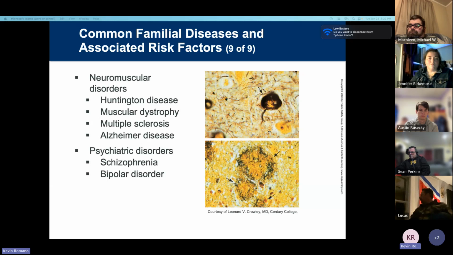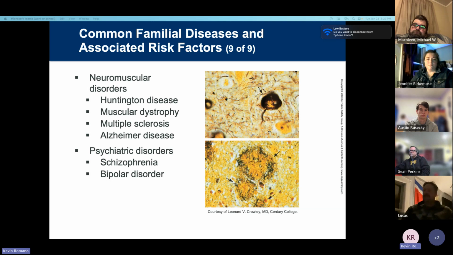All right, neuromuscular disorders like Huntington disease, muscular dystrophy, MS, and Alzheimer's disease are some neuromuscular ones. Some common psychiatric disorders have familial or genetic components, like schizophrenia or bipolar disorder.